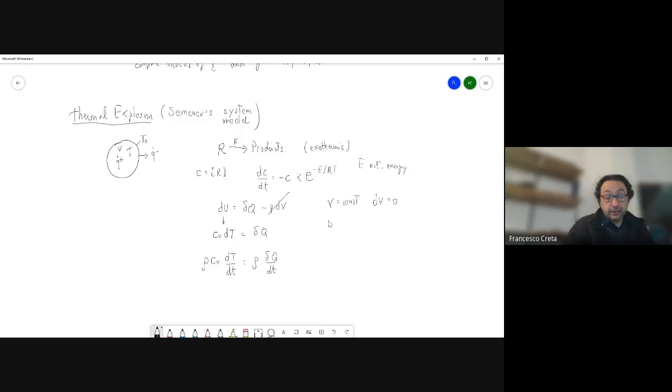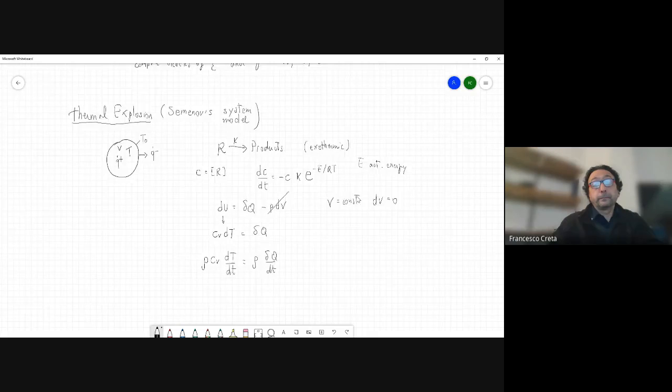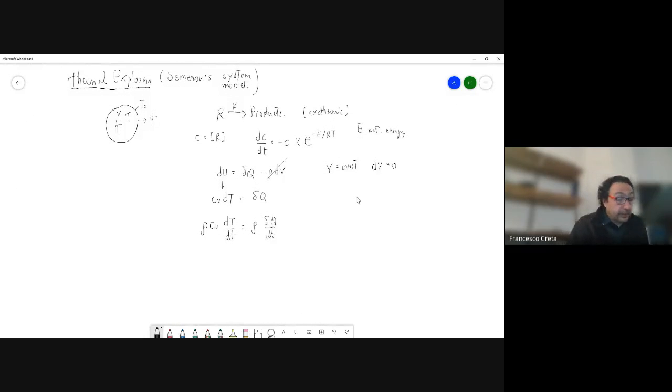Let's look a little bit at the units. Always look at the units. So we have here kilogram per cubic meter. The c_v will have kilojoules per kilogram per Kelvin, and then we have Kelvin per unit time.